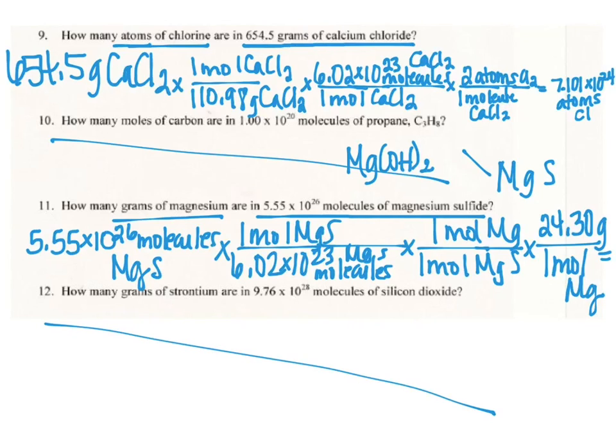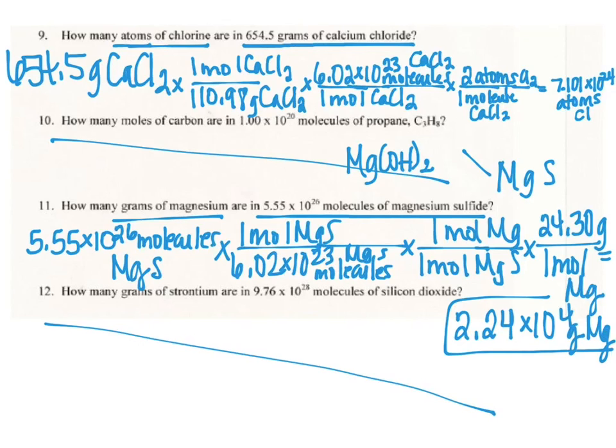And so we should get 2.24 times 10 to the 4th grams of magnesium for every one of these. Any questions?